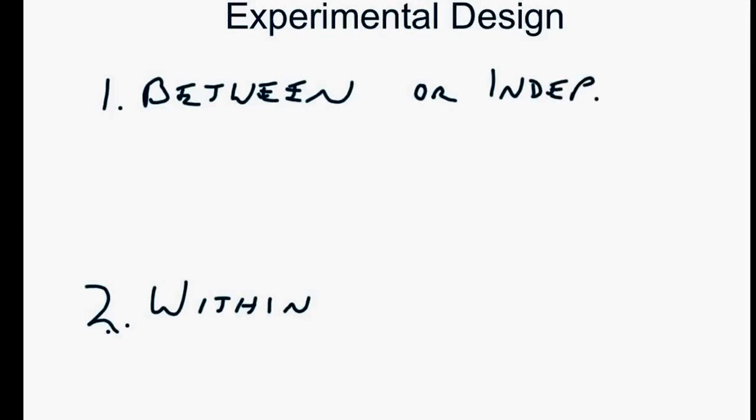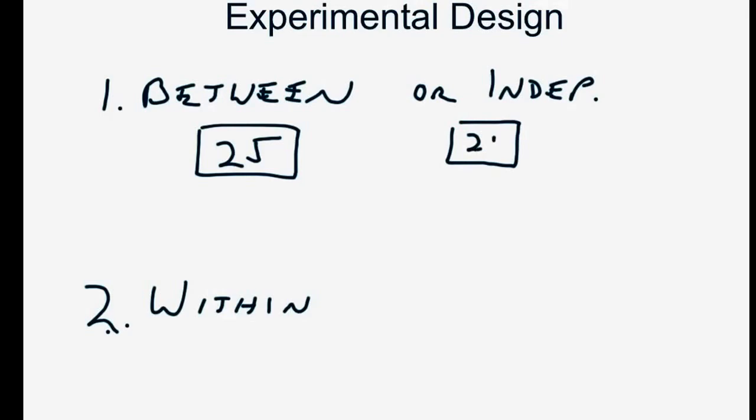So we might have a group of 25 children who watch a non-violent movie and compare that to a completely different set of 25 children who watch the other type of movie. That would be a between groups design.